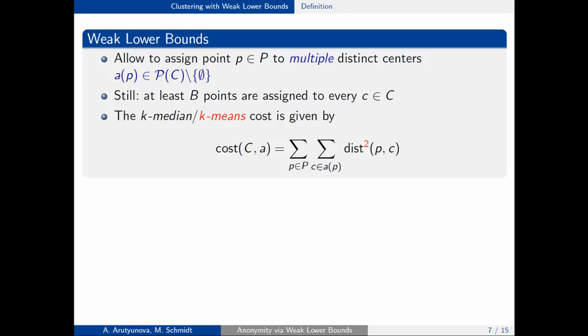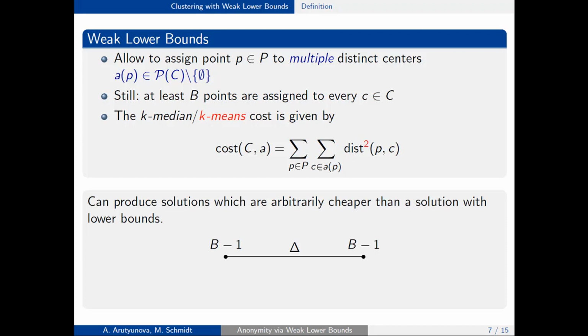We still want the lower bound to be satisfied on every open center, and we adjust the cost as points can now be assigned to multiple centers. We also pay the shipping costs of these points to all their centers.